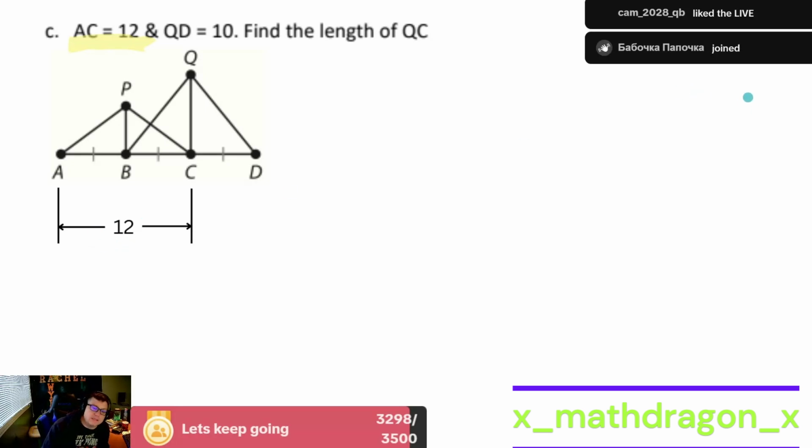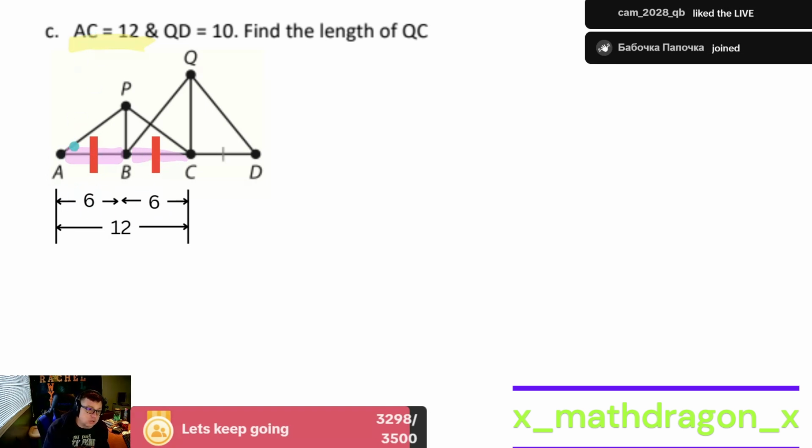I know AB and BC, because of those dashed lines, are equal to each other. So if the whole thing is 12 and it's two equal pieces, each of those is going to be 6. So I've got a 6 from A to B, and a 6 from B to C.